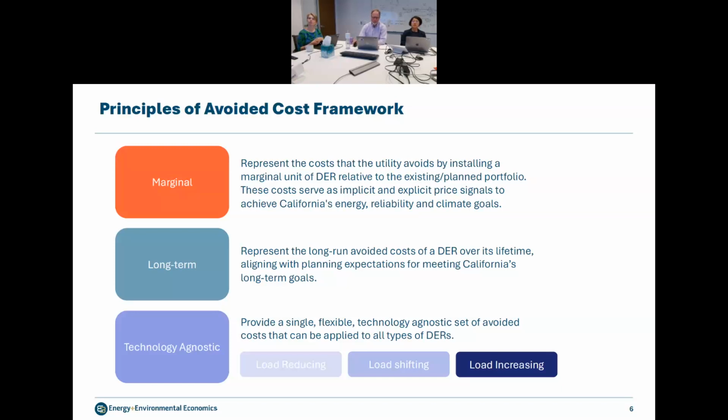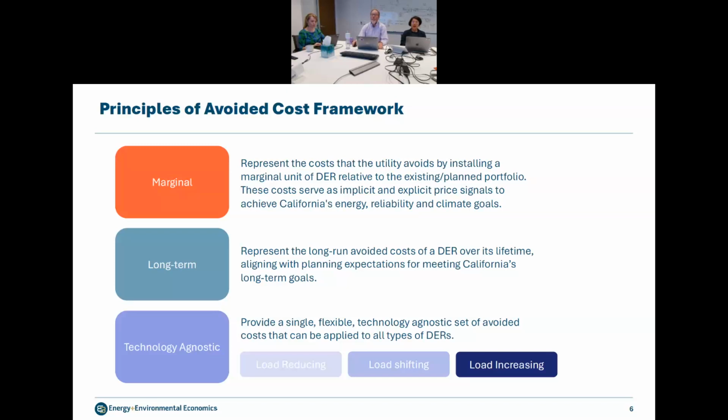So the first principle of the ACC is that it is marginal. The avoided cost we're calculating here represents the cost that utility could avoid by installing a marginal unit of DER relative to existing or planned portfolio.